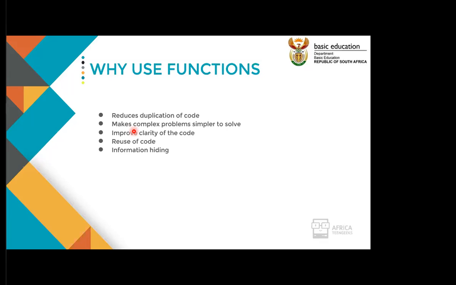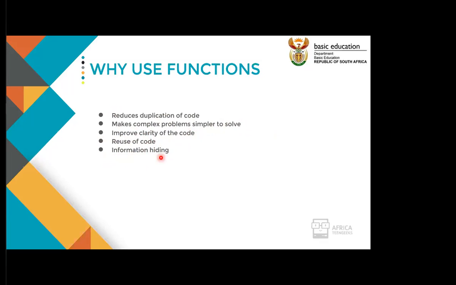And after you code them, then use them, right? Improve clarity of the code. Since it's simpler to now solve, it's much simpler to read, right? And finally, we can reuse the code. If it's reducing duplication, reuse code over and over in other programs, except for that one way you coded.